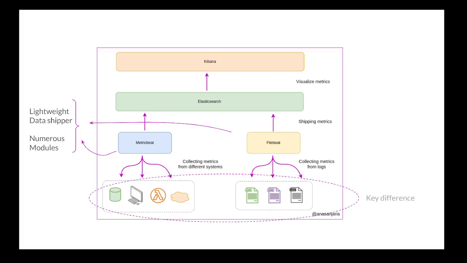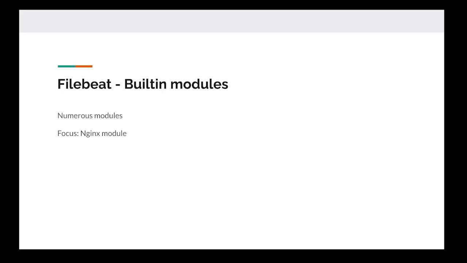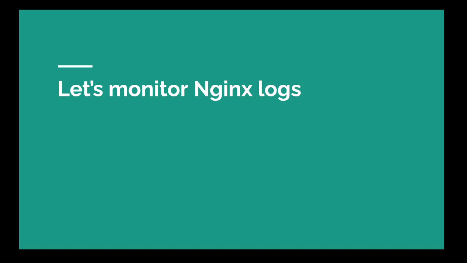However, the key difference is that Filebeat collects data from log files, whereas Metricbeat collects data directly from the system. As I mentioned, Filebeat also provides numerous modules, but the focus of this lecture is the Nginx module. So let's start monitoring then.